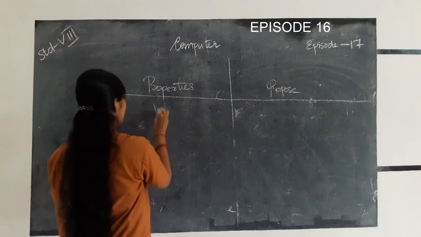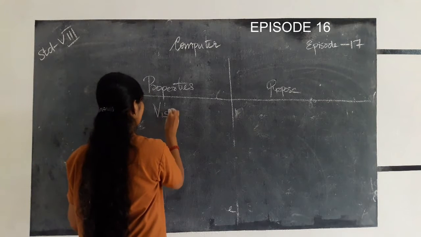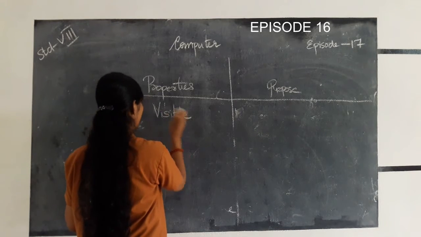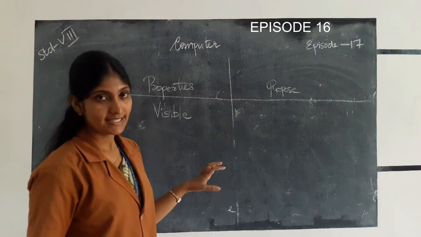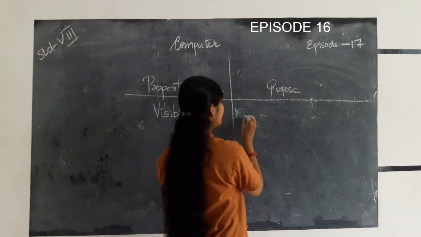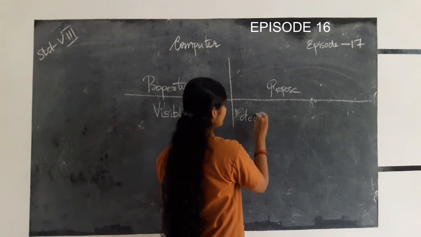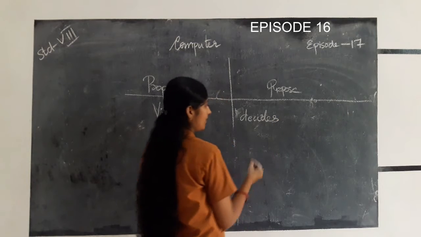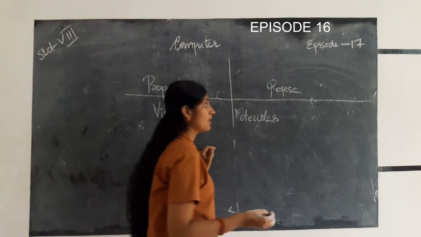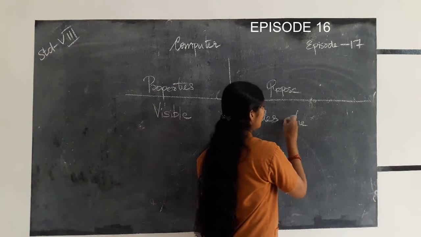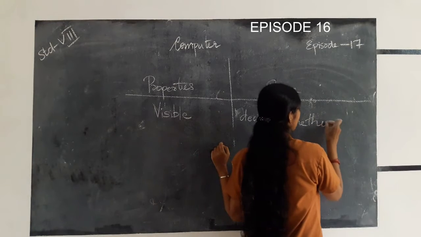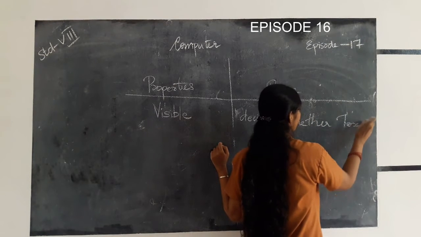Next, visible. Visible is the property which decides whether the text box is visible or not during runtime.